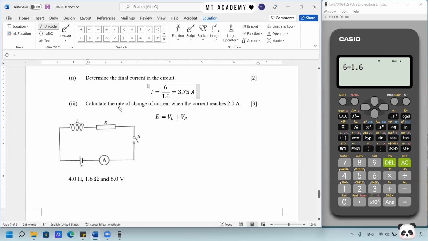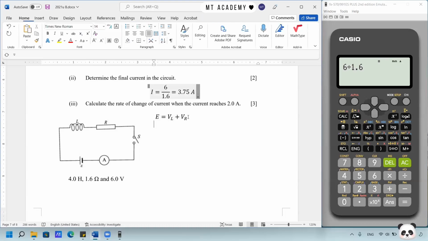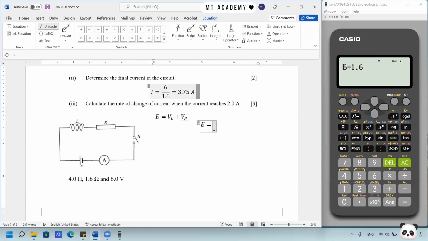So where did we see the rate of change of current? From here, we can further derive this expression: the EMF E is equal to the voltage across the inductor, which is L di/dt. So this is the one we learned, and this is the di/dt that we need. And then the voltage across the resistance is equal to IR.